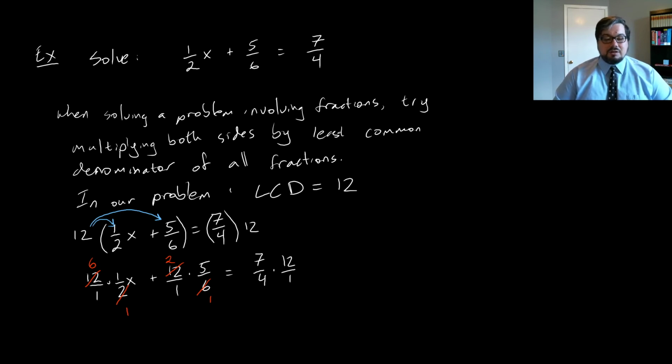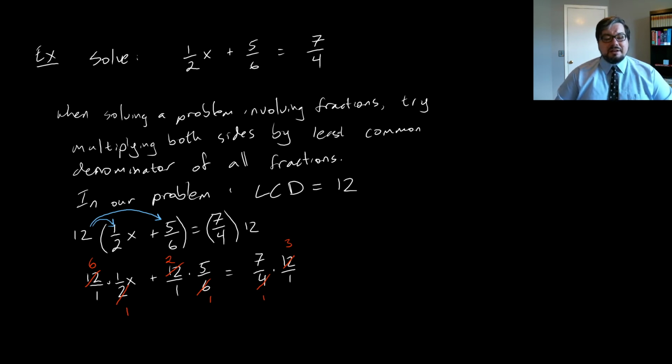And finally, over on the right, we've got 7 over 4 times 12. Well, the 4 and the 12 can cancel, leaving a 1 behind in the denominator and a 3 behind in the numerator. Well, let's see what that does. Notice that in each case, the denominator of our original fraction has been canceled out completely.